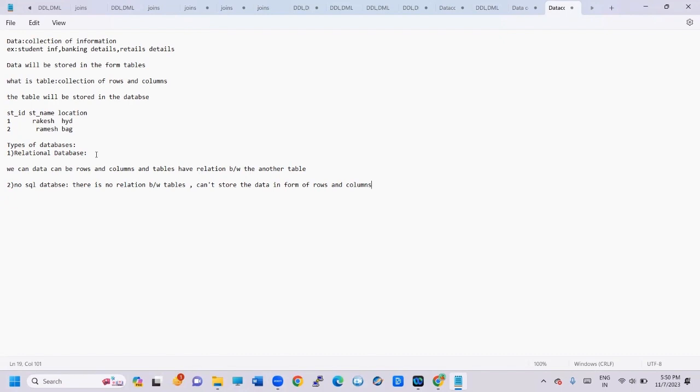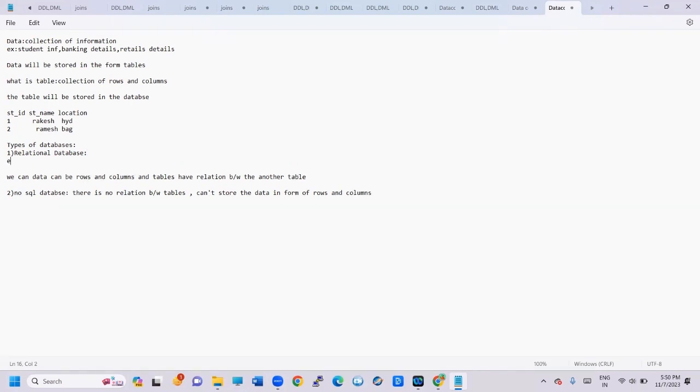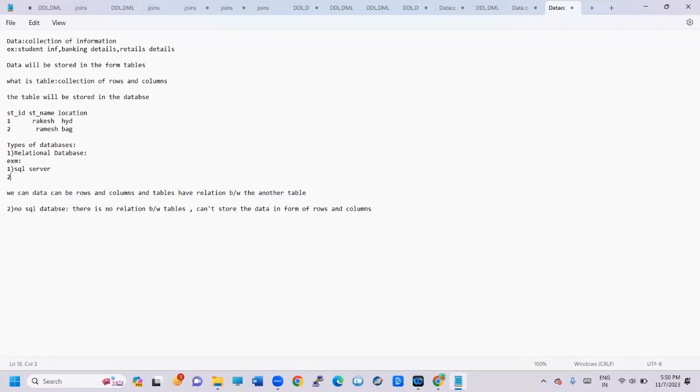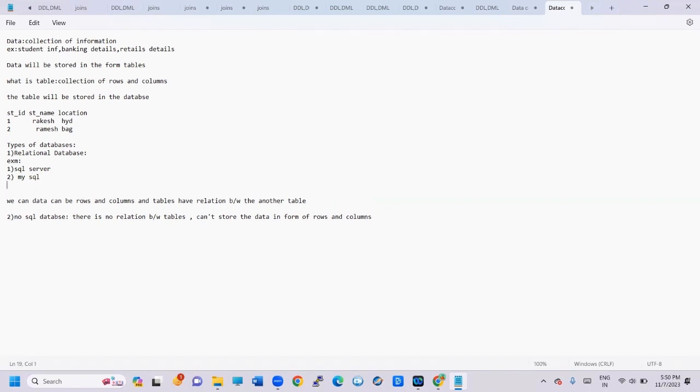Examples of relational databases: one is SQL Server, another is MySQL, and a third one is PostgreSQL, and so on.